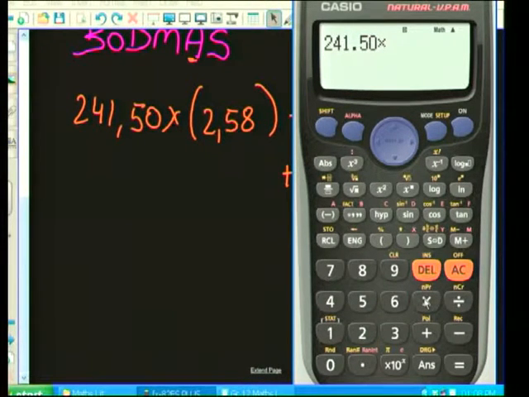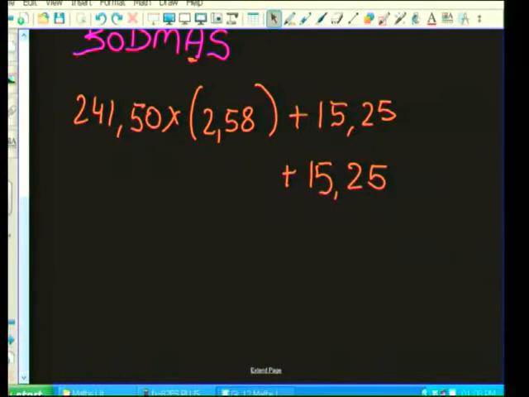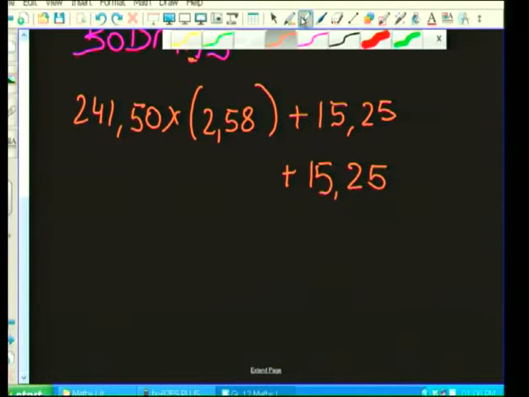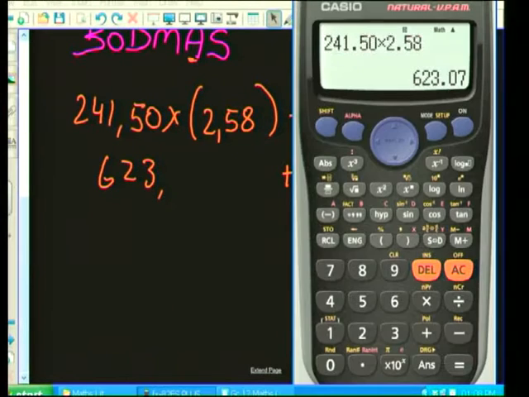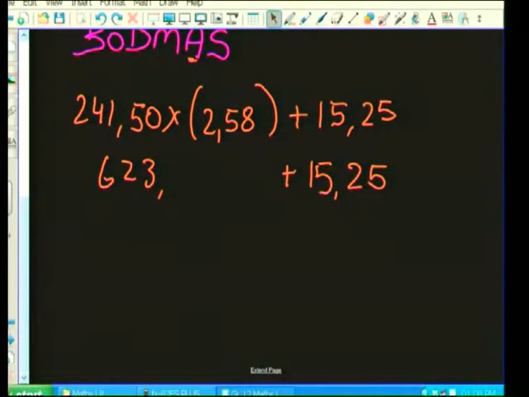Or you can say times by 2,58. Okay, and we get an answer of 623,07. And remember I said it was about 600, so I'm happy with that answer. 623,07.